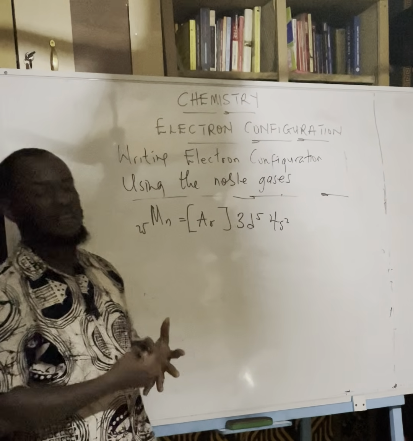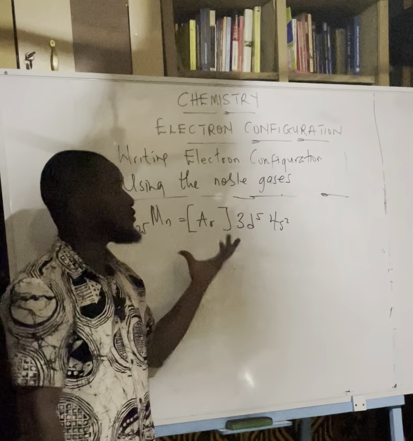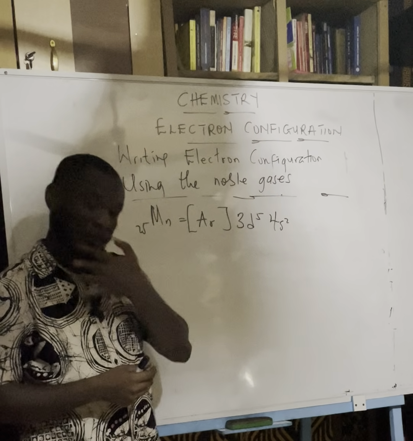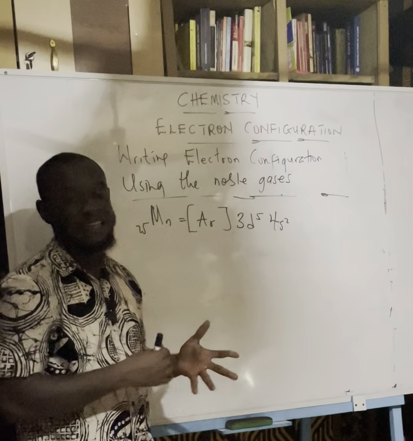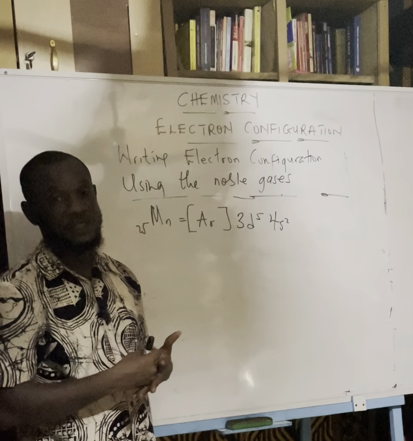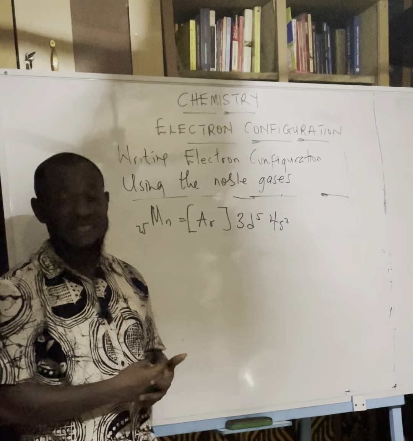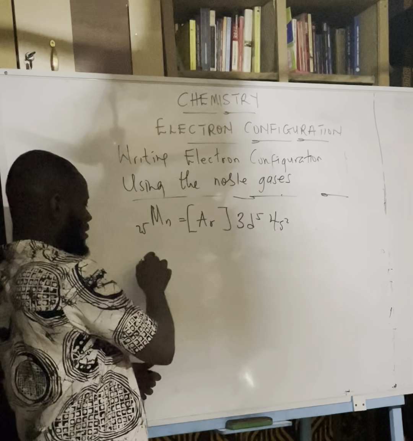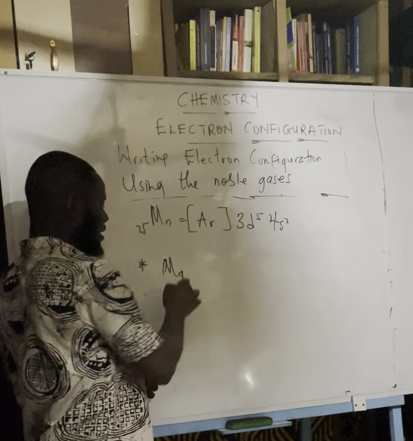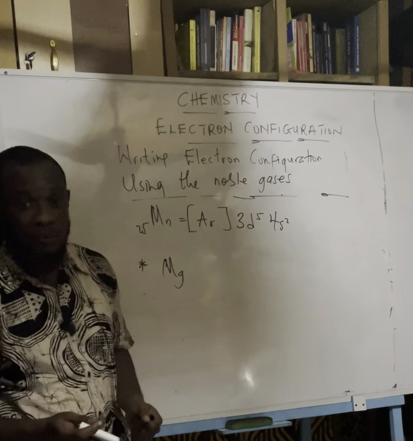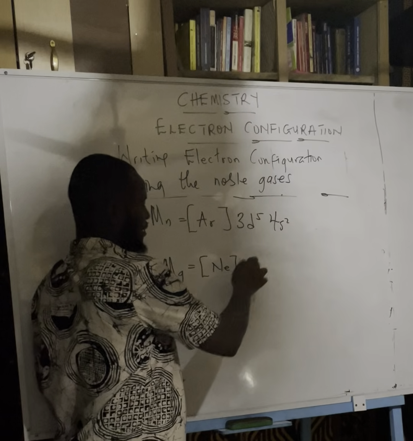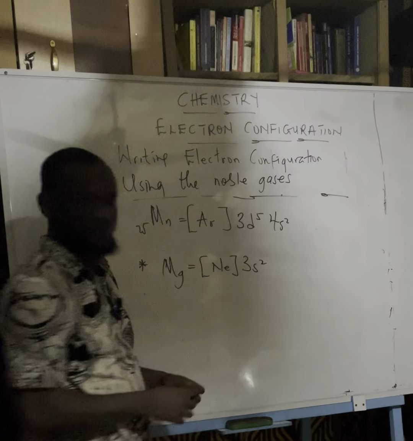Now, most of the time, students prefer this electron configuration. However, if you use it to answer questions in exams, we might mark you down. Now, why are we saying that? If you are told to write the electron configuration of magnesium, someone can decide to write it as Ne 3s2.